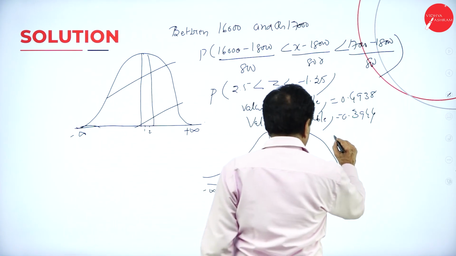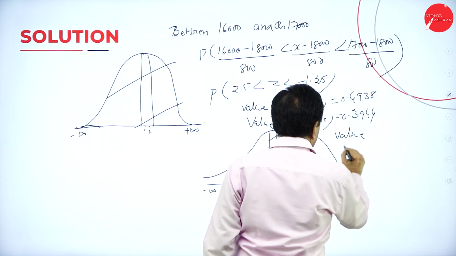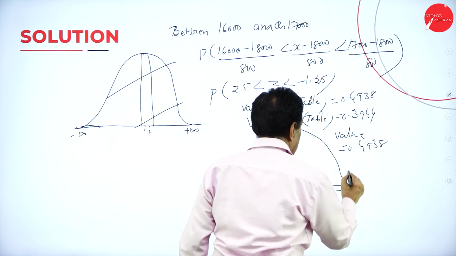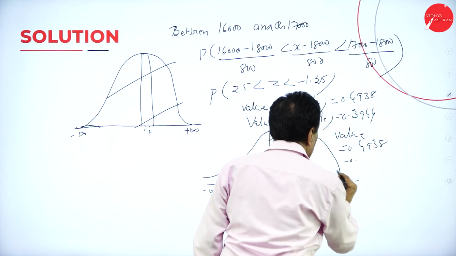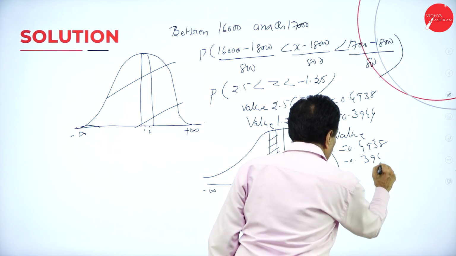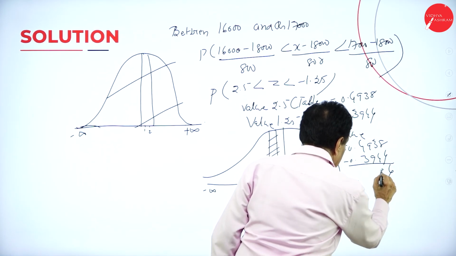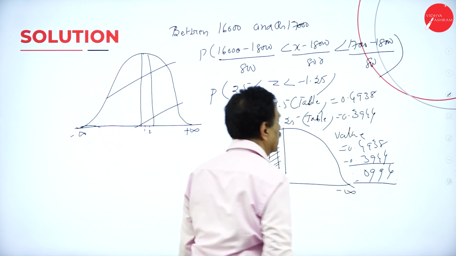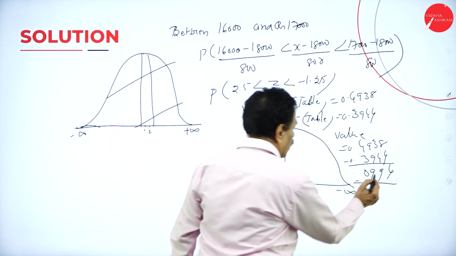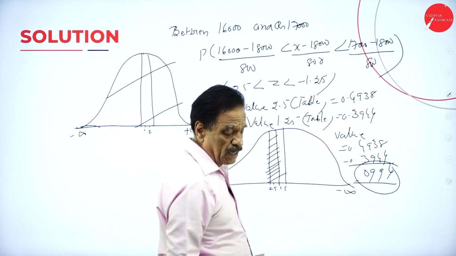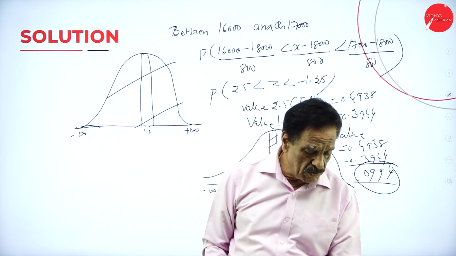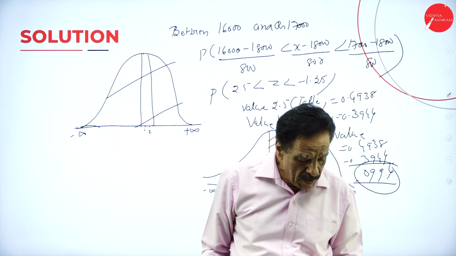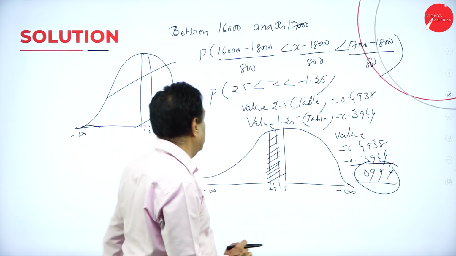Therefore, the value is 0.4938 minus 0.3944, which is 0.0994. Number of employees is not given.